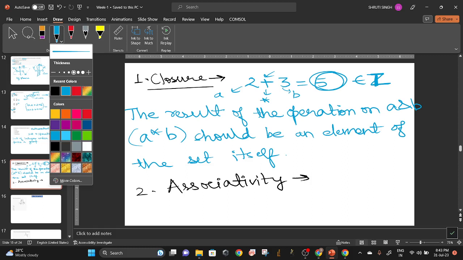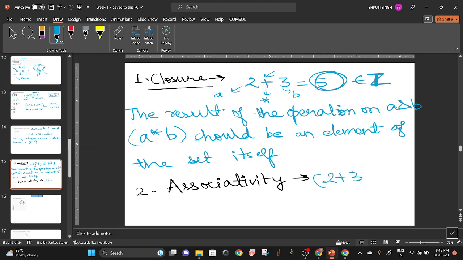Similarly, 2 plus 3 plus 1: we first do 2 plus 3, which is 5, plus 1, and in the other case we do 3 plus 1 first, which is 4, and then add 2. The answer will be 6 in both cases. This property is called associativity.